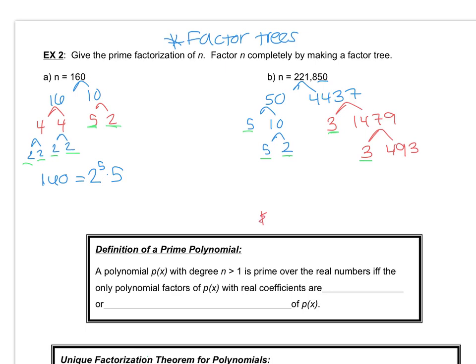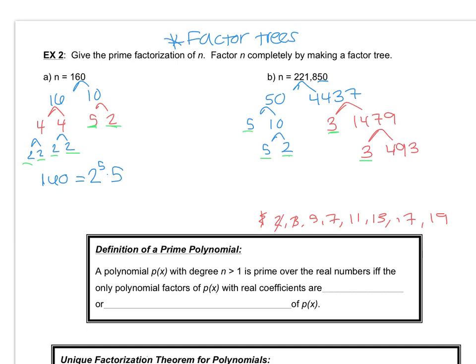So I need to test 2, 3, which we know neither of those will work, 5, 7, 11, 13, 17, 19, and that's it. Those are all the prime numbers between 1 and 22.